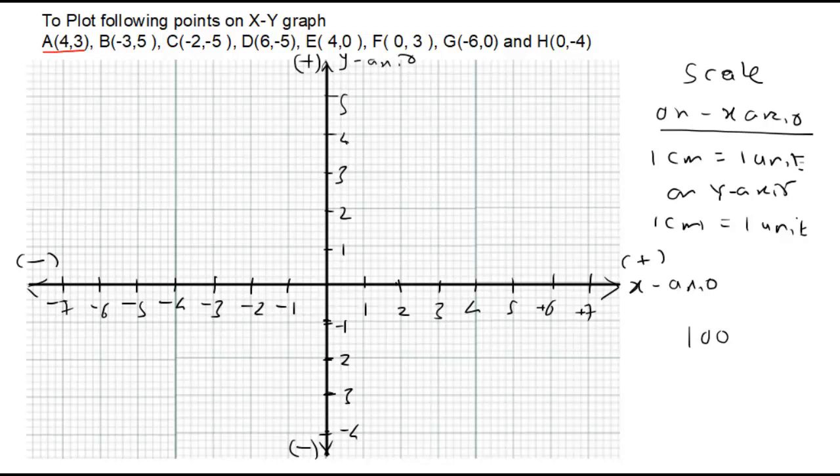This is X and this is Y. So first we have to travel along 4 units horizontally, and then we have to travel along 3 units vertically.